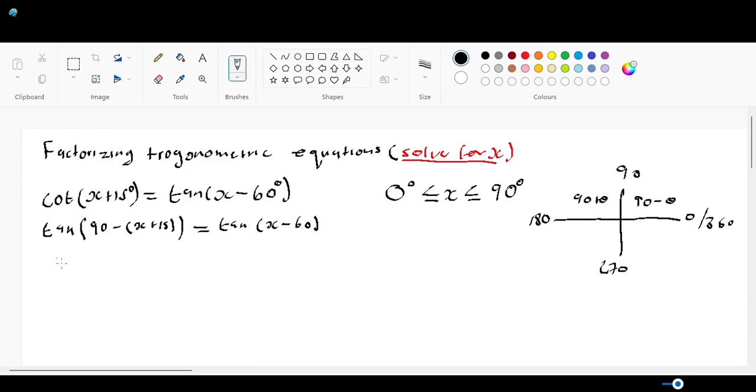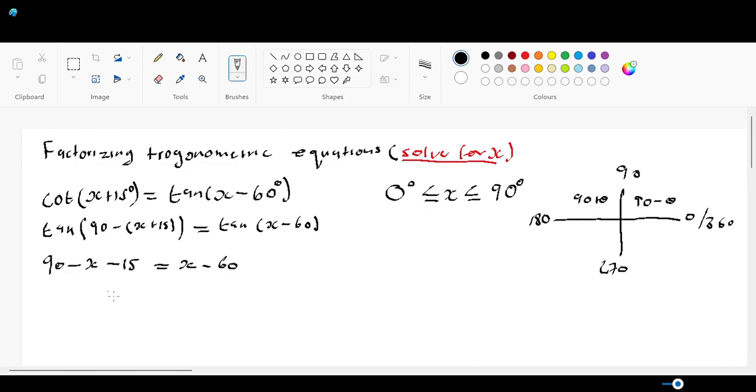So you drop these ratios and then you're going to have 90 minus x minus 15, and since you dropped tan on that side, you're going to have x minus 60.